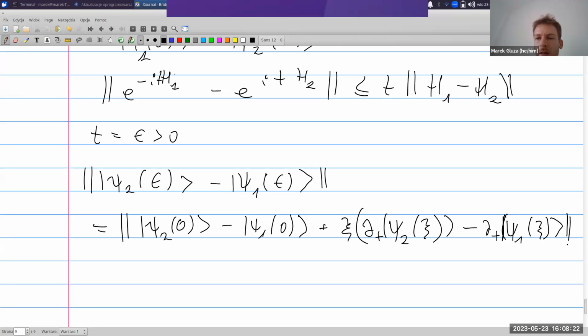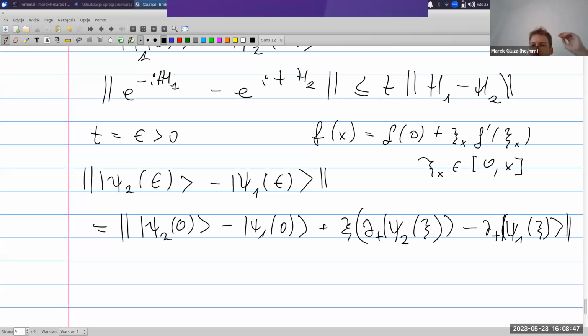So what I'm using here is the equality f of x is equal to f0 plus some xi, f prime of xi, and xi will be this Lagrange point between the expansion point and the final point x, right? I don't remember exactly what the name of those things is.